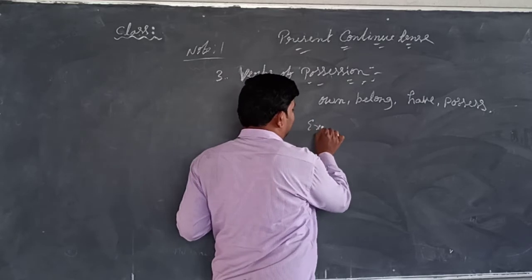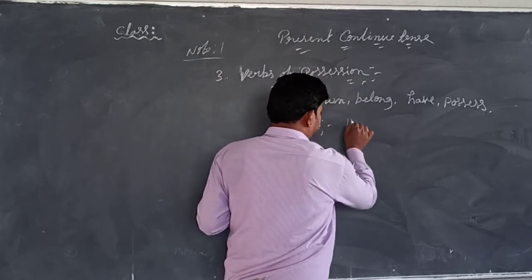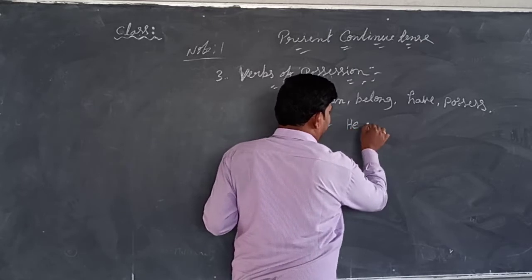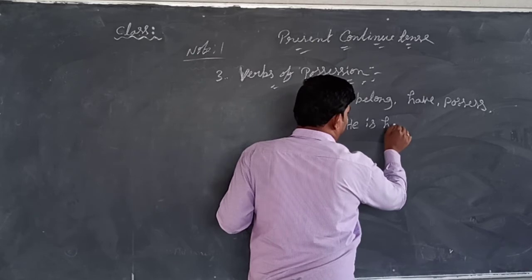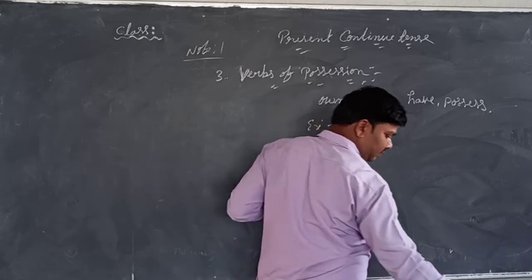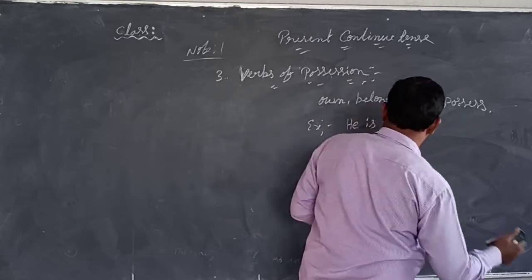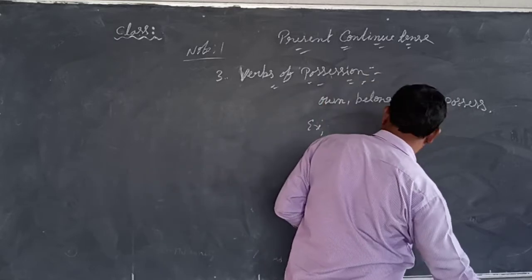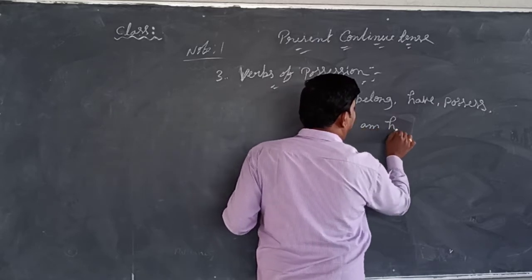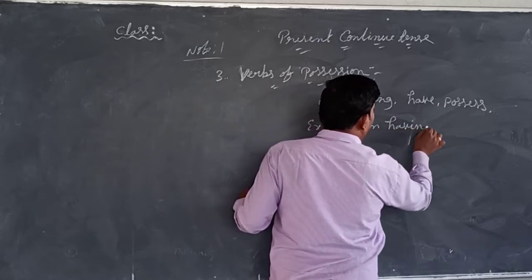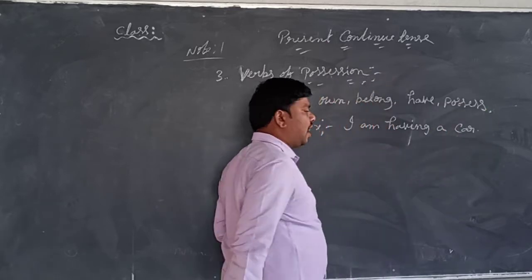For example, say I use one verb: I am having a car.